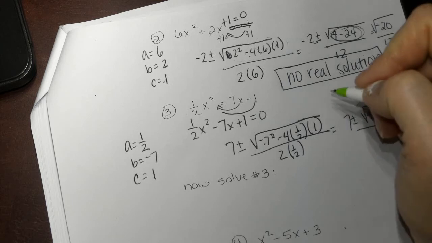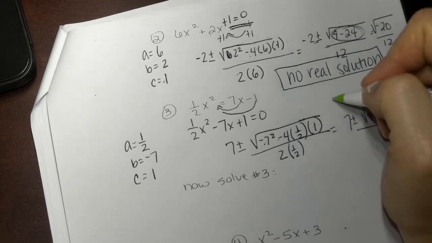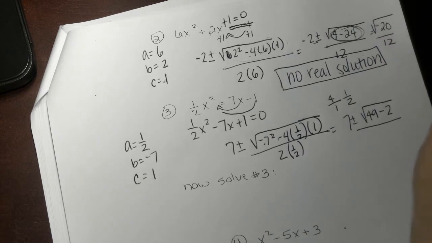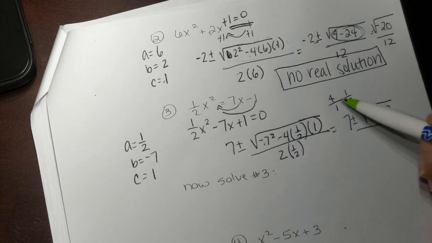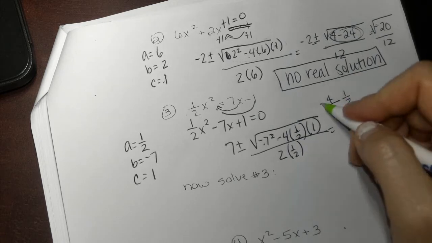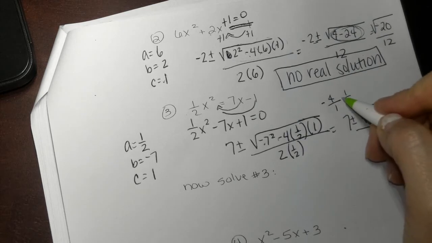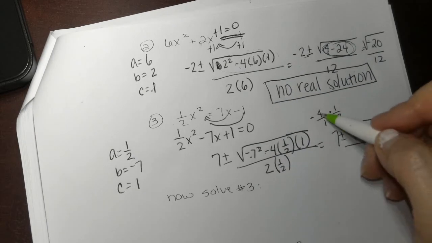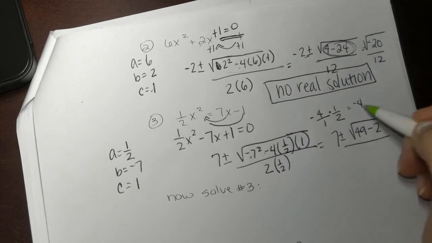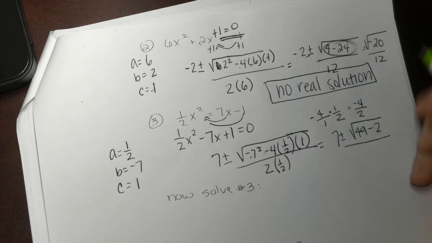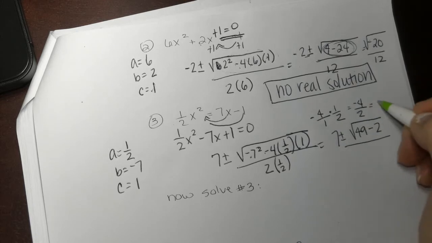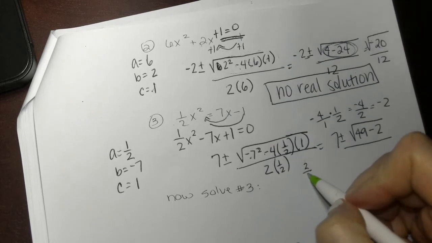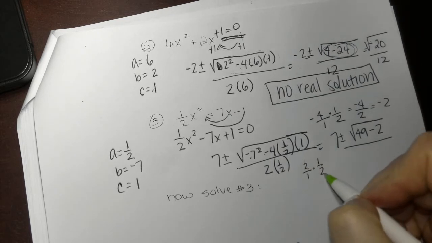Wait, hold on. Let's make sure. I just want to check myself with fractions. So to multiply negative 4 times 1/2, we just put negative 4 over 1 and multiply top times top, negative 4, and then bottom times bottom, and we can simplify that to negative 2. Okay, good. So down here, it would be 2 over 1 times 1 over 2.